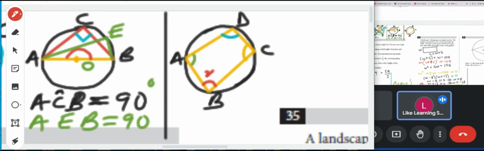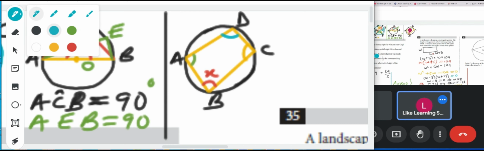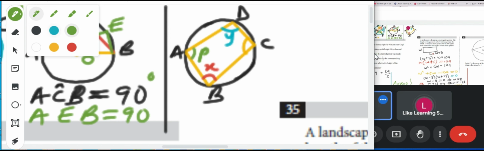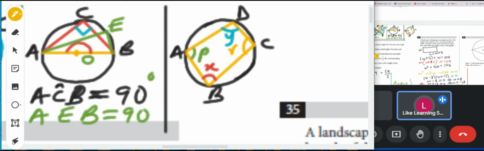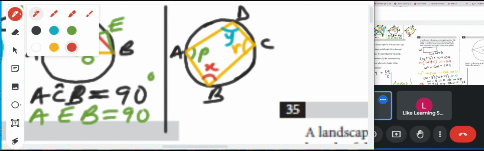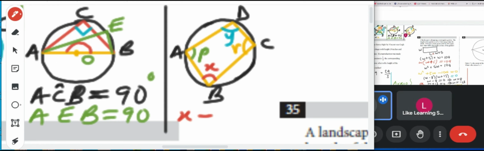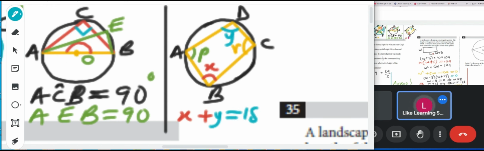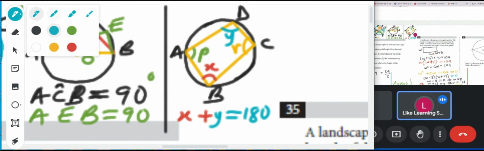So if this is X and this one is Y, and this is P and this is R, the ones that are opposite to each other must sum up to 180. X plus Y must be 180, and P plus R must be 180.